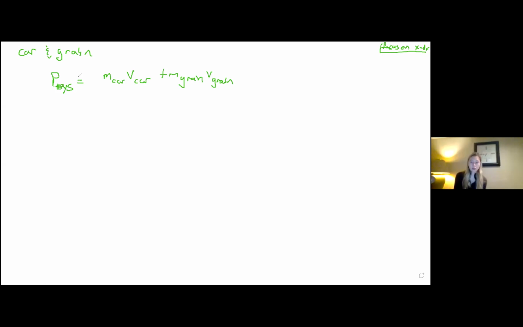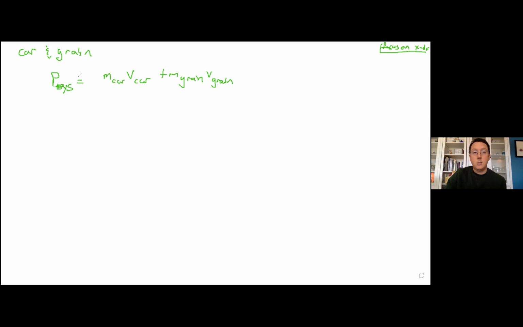Which way is the grain moving? It just falls down, right? So at the beginning, there's actually no momentum in the X direction because it only moves up and down. So the velocity of the grain will just be 0.